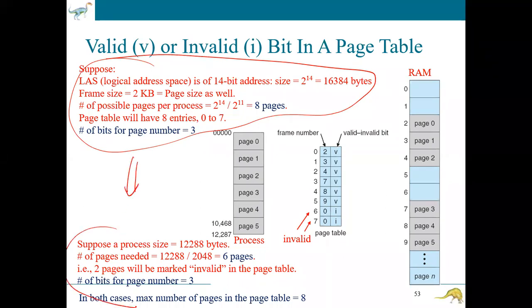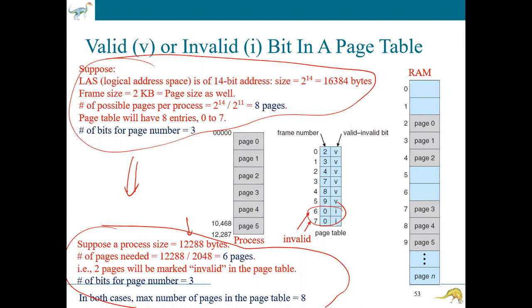This is a concrete example. Maybe the process is only 12,288 bytes. In such a case, you don't require 8 pages. You only have 6 pages, which are 0 to 5. That means some of the pages are invalid. This is the case where the address space is not fully used.